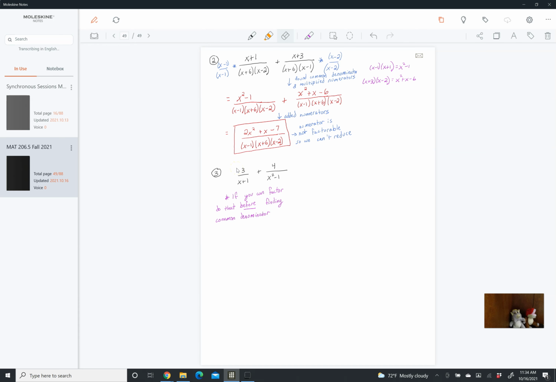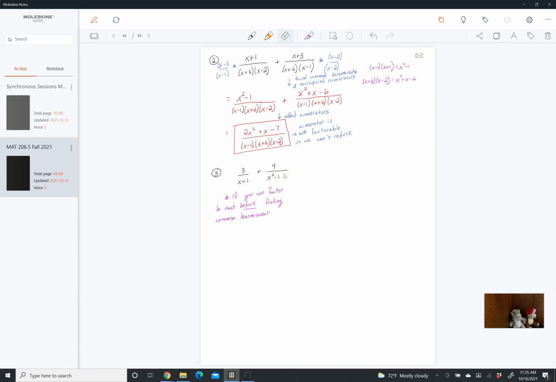And the problem with that is that at the very end, we have to factor the numerator to see if we can reduce. Sometimes if we don't choose the lowest common denominator, then this gets much harder to factor, okay? Because maybe it'll wind up as a cubic. We know how to factor quadratics. We don't know how to factor cubics, particularly if we can't factor by grouping. So you want to factor so that you can make sure that you get the lowest common denominator. And you'll see what I mean.